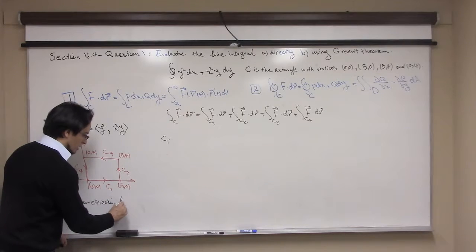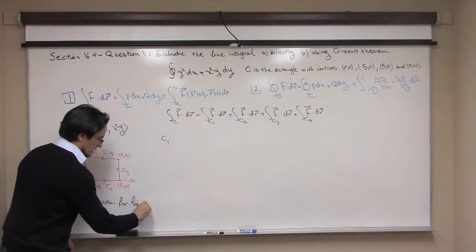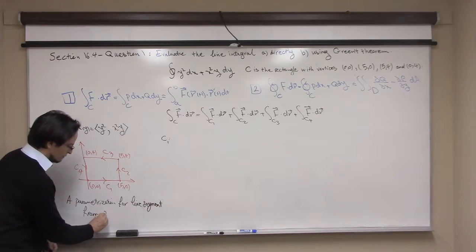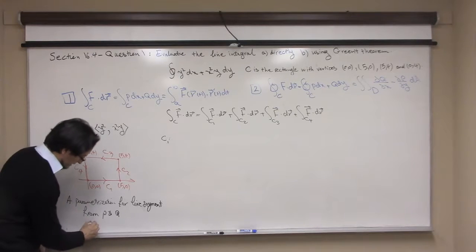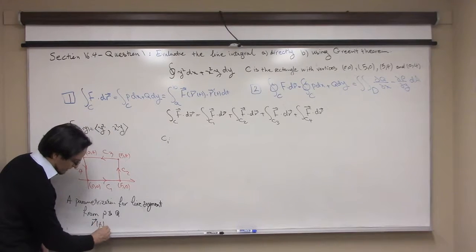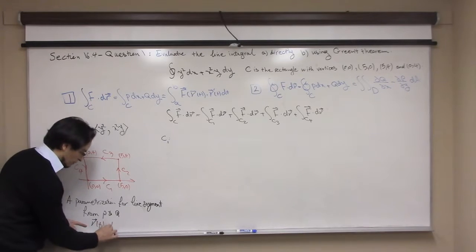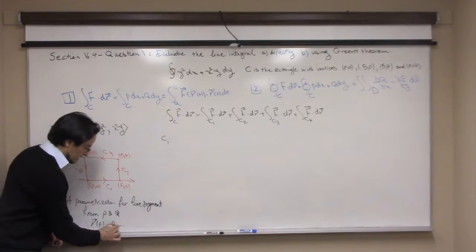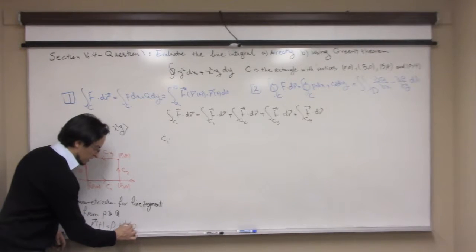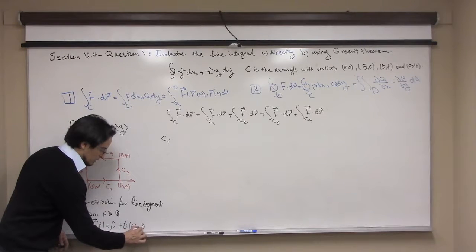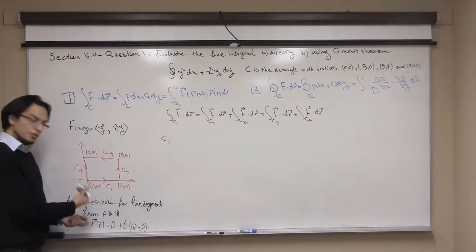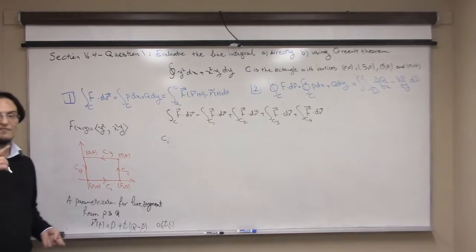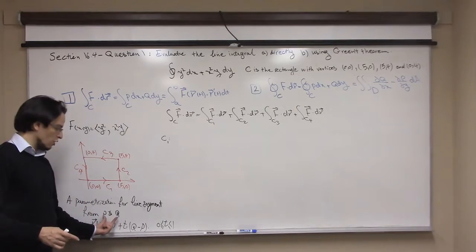A parameterization for a line segment from a point P to another point Q is the easiest and best parameterization you have. r(t): you put the initial point, the point you start with, then plus t times (Q minus P). And if you use this parameterization, the values of t, if they vary from 0 to 1, will cover the whole line segment.